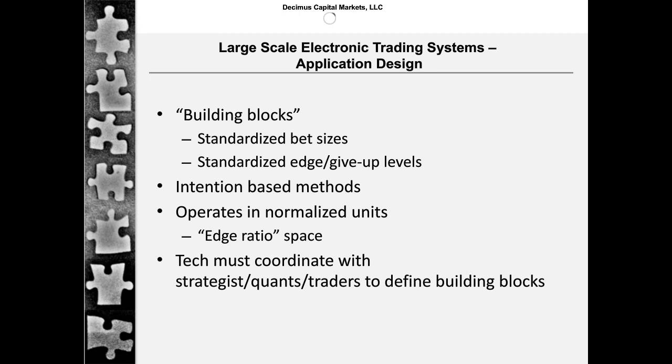I'll try to explain it. One way is that we have standardized bet sizes, which we might call standard size. What that basically means is that every single derivative and every name would have a particular size.